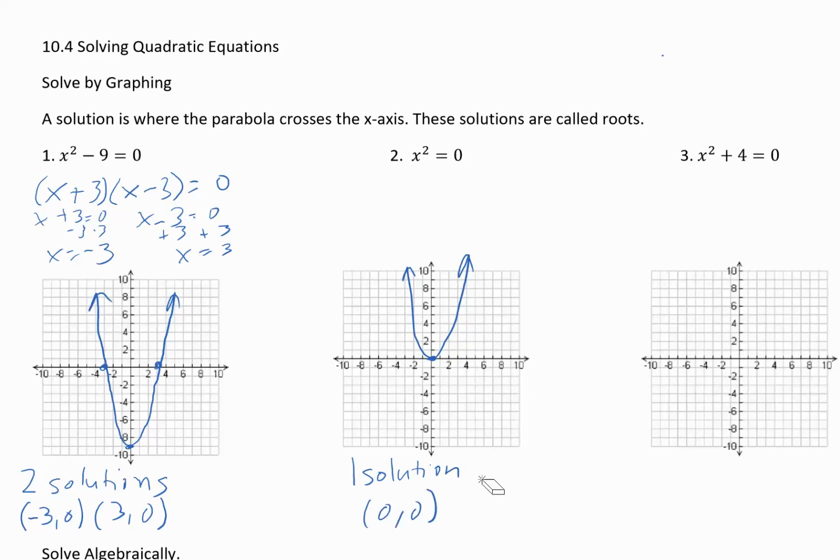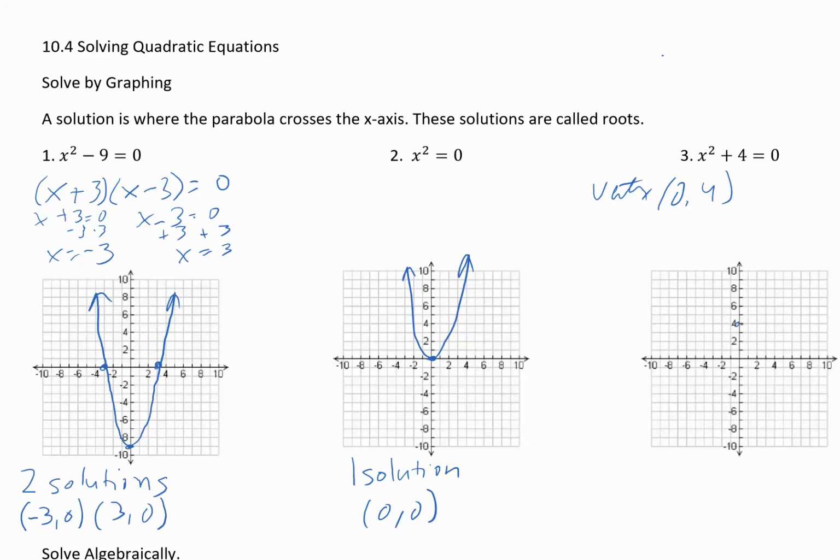All right, so let's take a look at the next one. So this equation here, if you were to go ahead and set it up so you found the equation of the vertex, you would get (0, 4) as the vertex. So if we go ahead and plot that vertex, we're already at (0, 4) right here.